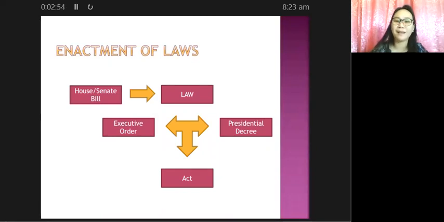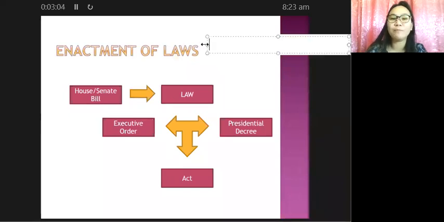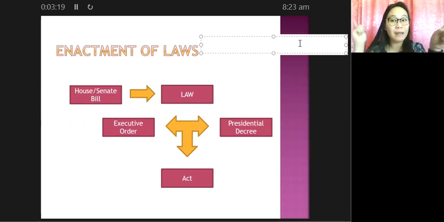Before we start with the process, let us try to remember what the different branches of government are and what their particular role is when it comes to our laws. You can recite on your own: what are the three branches of government?